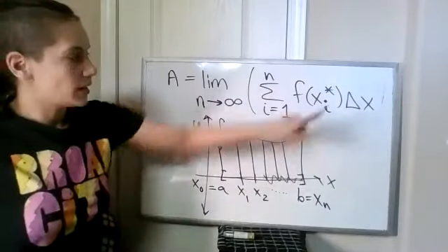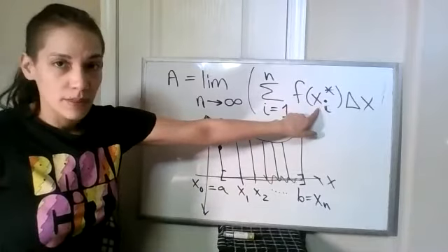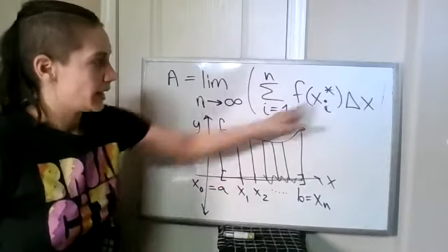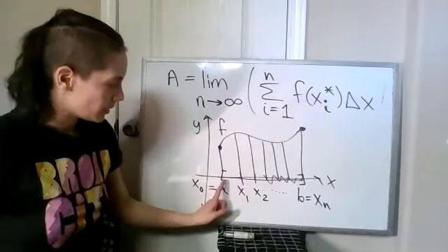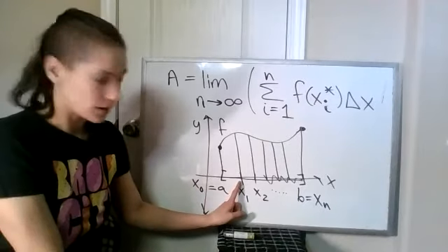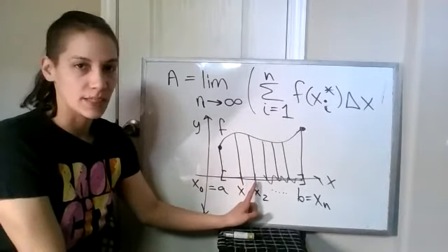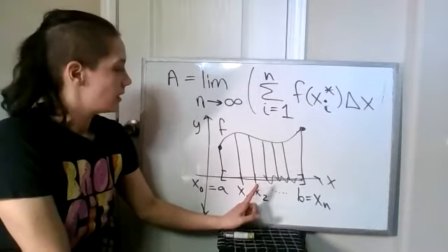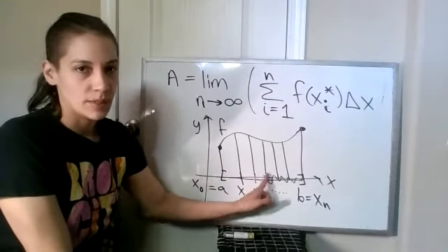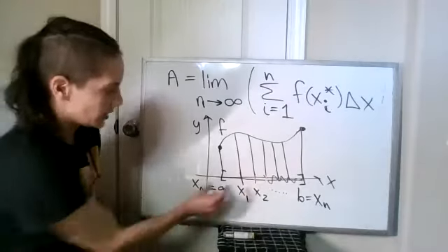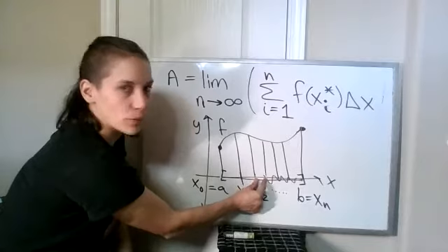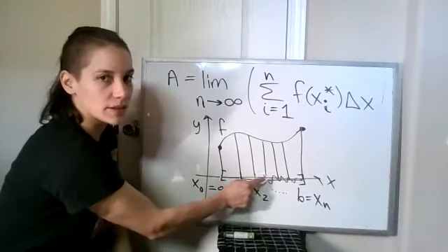X sub I stars. These are from the subintervals. So x of 1 star is some value between x0 and x1. x2 star is somewhere here between x1 and x2. So here, x of 3 star is a sample point between x of 2 and x of 3. Or in the third interval, pick a sample point x of 3 star.